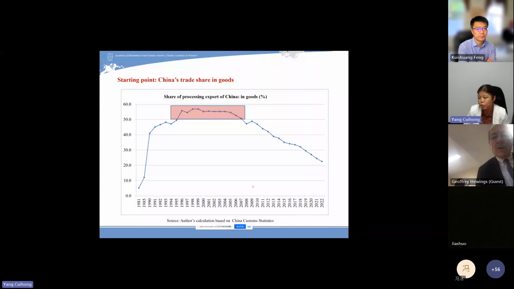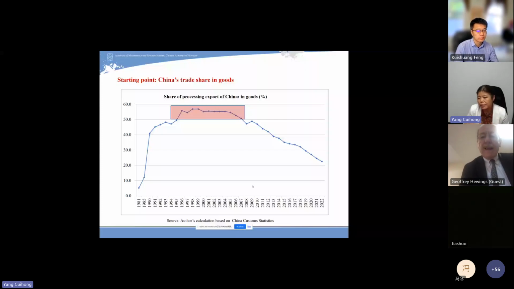This is another reason, due to the increase of the labor cost, due to the increase of other kinds of productive factors. Some of the multinational enterprises may transfer their investment to other countries. This is our analysis about the determinants of the share of Chinese processing export.